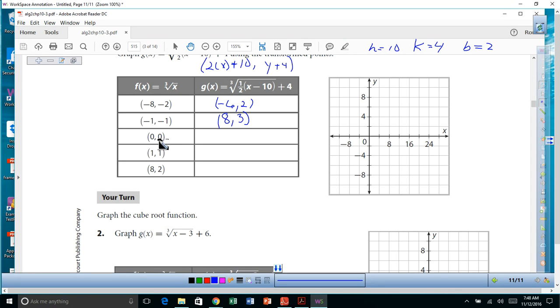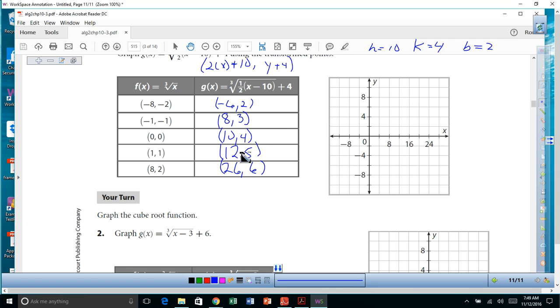And then 0, 0, that's really just your h and your k, so that's going to be 10, 4. And 1: 2 times 1 is 2, plus 10 gives you 12, and 1 plus 4 gives you 5. And 8: 2 times 8 is 16, plus 10 gives you 26, and 2 plus 4 gives you 6.